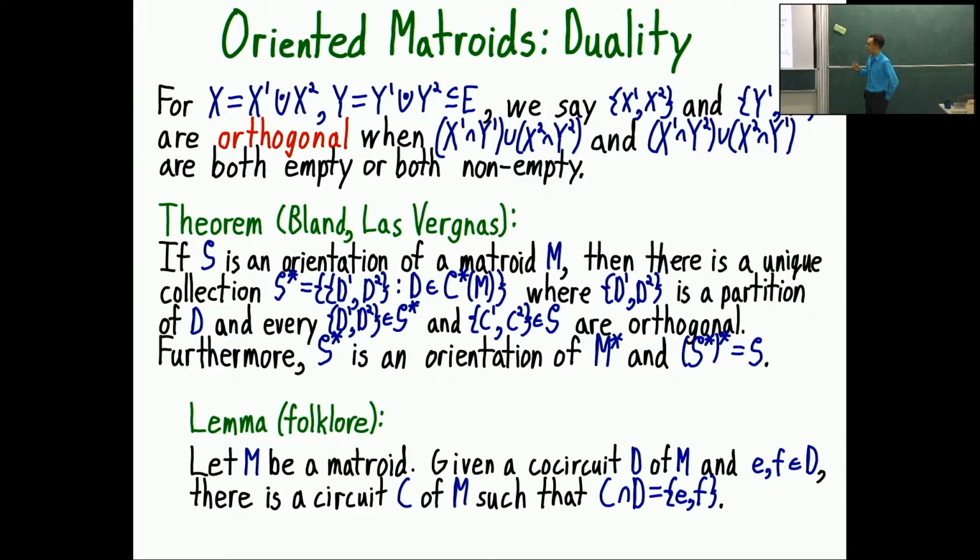If you add E or F to this, you will get a basis. But if you add both, you're going to be 1 over the size of a basis. So this independent set, union E and F, must contain a circuit that contains both E and F. If you think of it geometrically, you can see why this should be true.